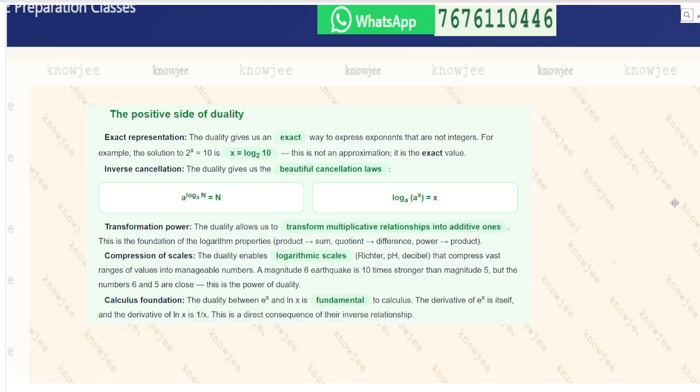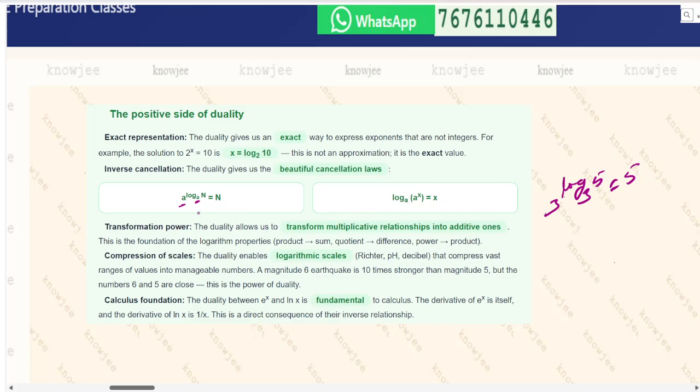So the base and base cancel. This a and a cancel, and the value will be n. So if you have 3 raised to the power log base 3 of 5, it will be equal to 5. Or this is the opposite.